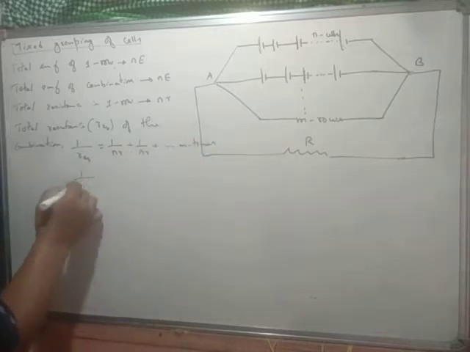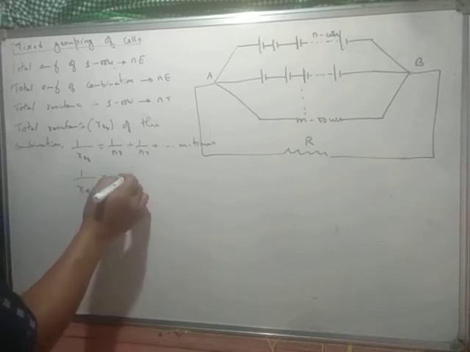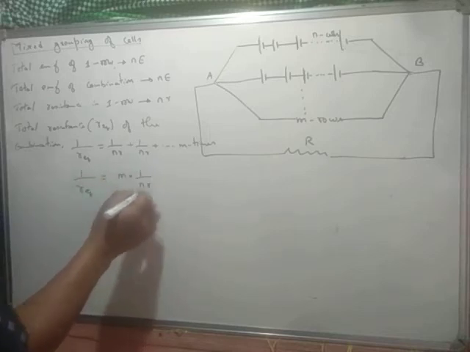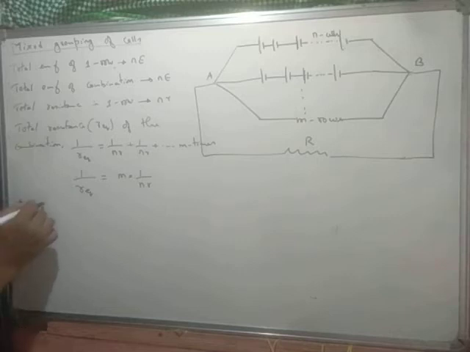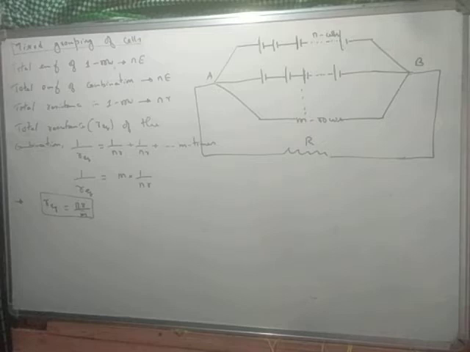Or I can say 1 upon R equivalent equals m times 1 upon nr, or R equivalent equals nr upon m. This is my equivalent resistance.